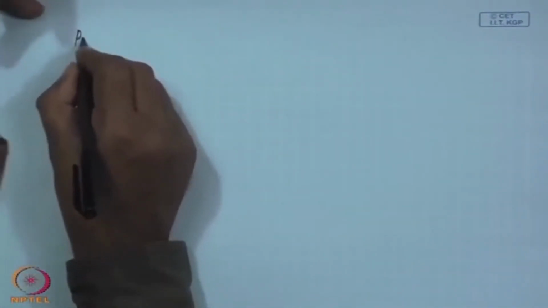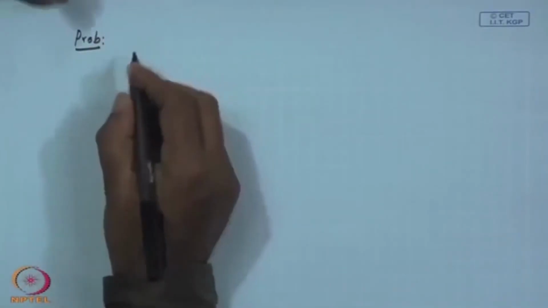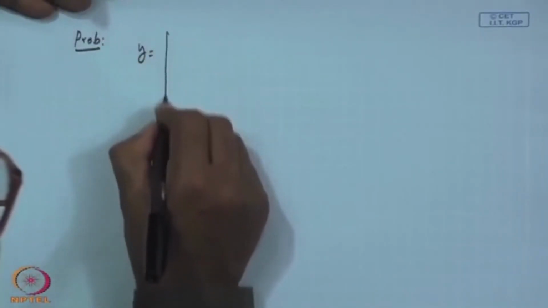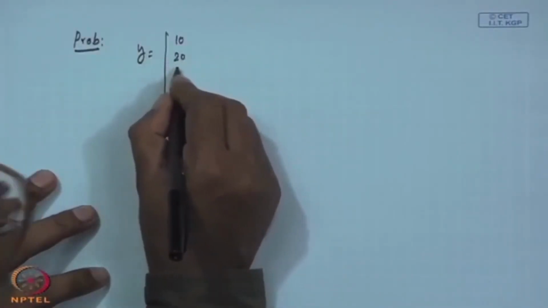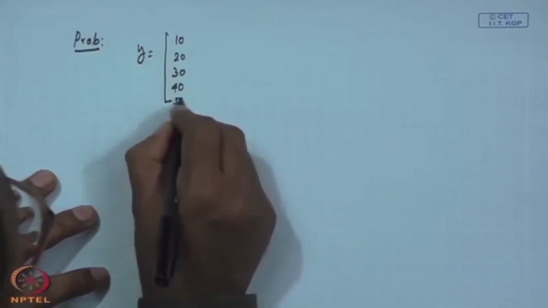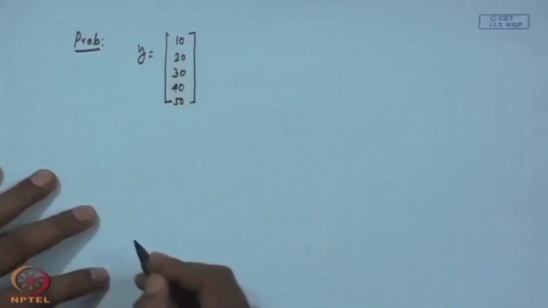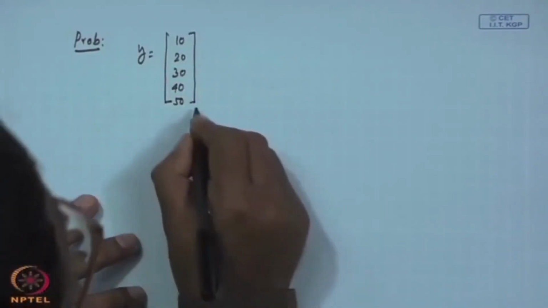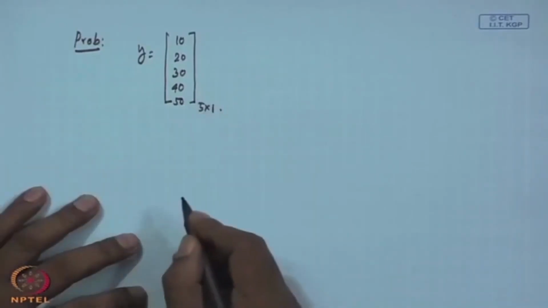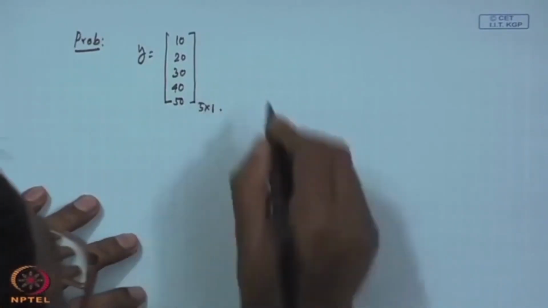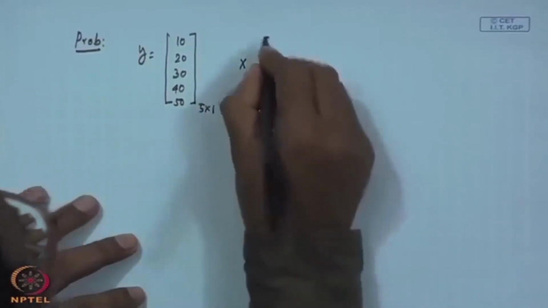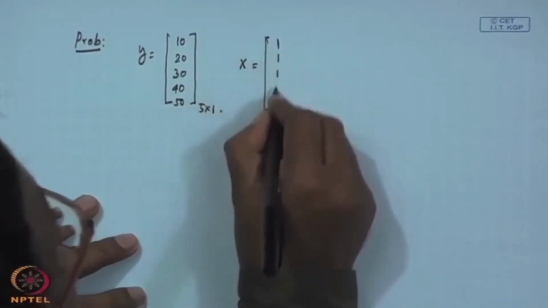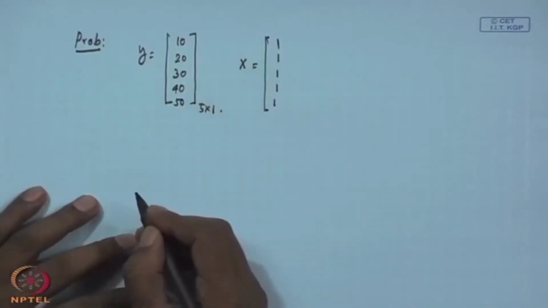Let us solve this one problem. Suppose y is 10, 20, 30, 40, 50. This is my 5 cross 1 vector, and my design matrix is 1 1 1 1 1, that will always be there.